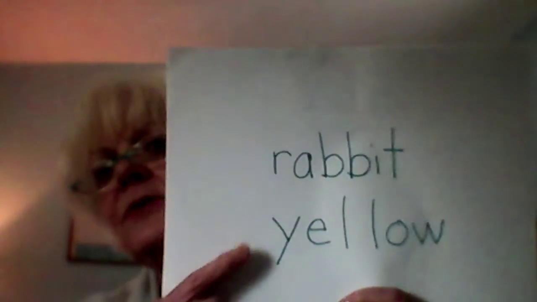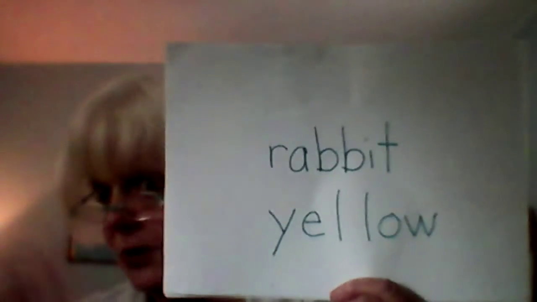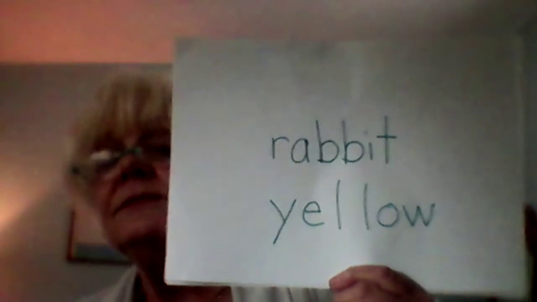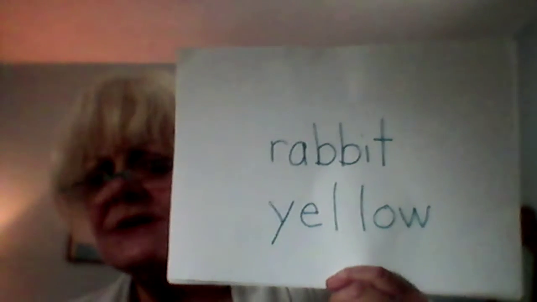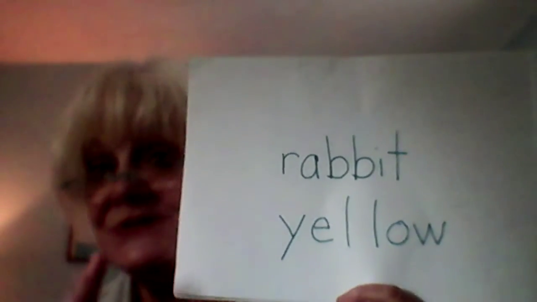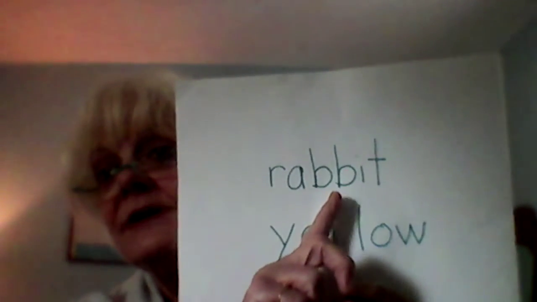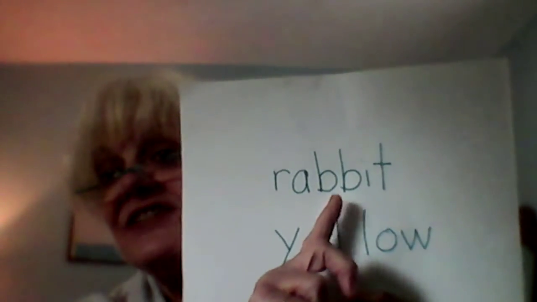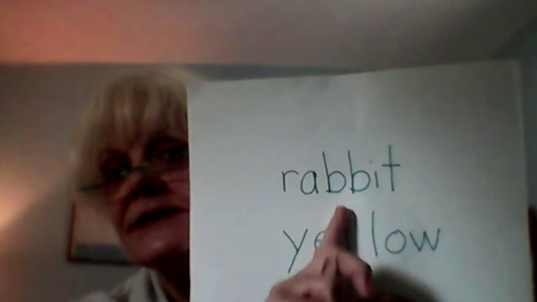A lot of people, when they first saw this word, believe it or not, because now I know you all know that word, were stumped. What is it? Well, this is where rule number 2 comes into play. If you see 2 consonants together, you split them apart.